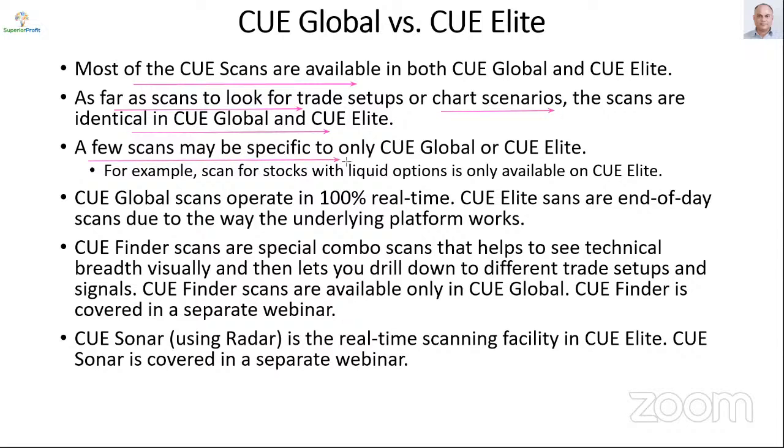A few scans may be specific to only Q Global or Q Elite. For example, scans for stocks with liquid options is only available on Q Elite because the underlying platform TradeStation provides the required detailed option data.